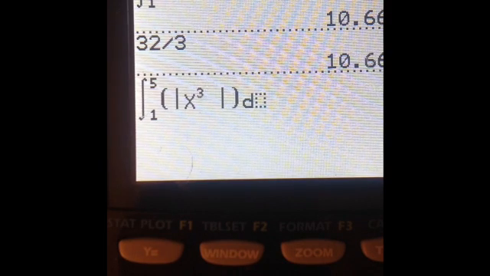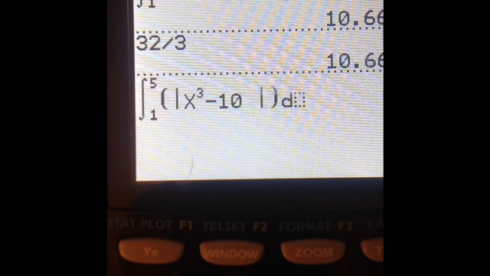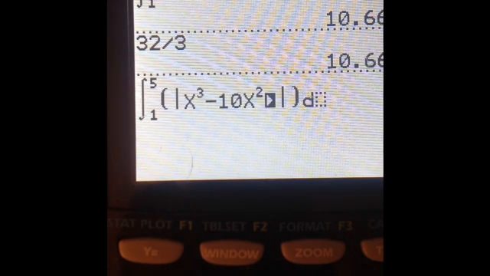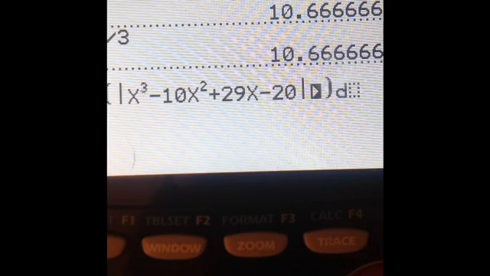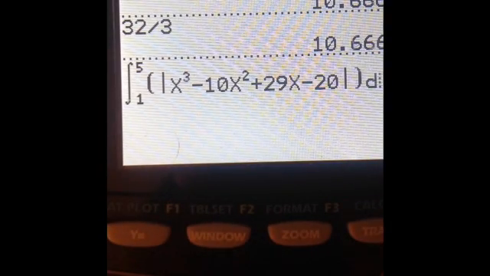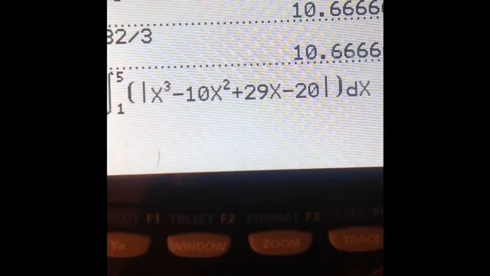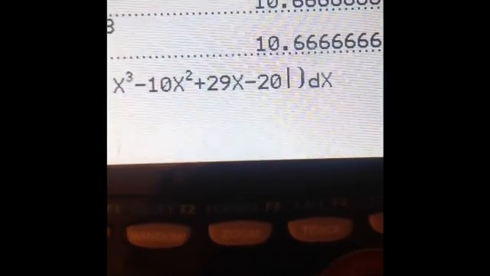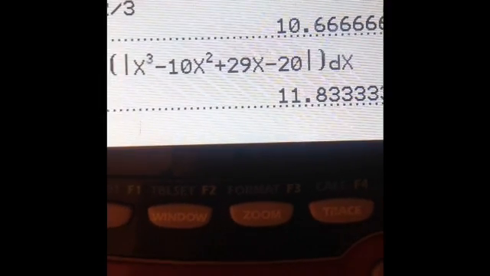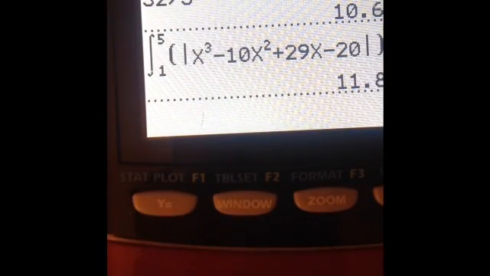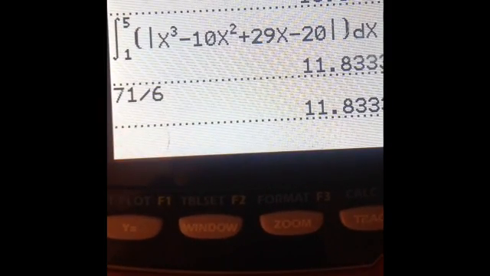X raised to the third minus 10x squared plus 29x minus 20. Slide over and put your x and hit enter. And you're going to get 11.8, which if you look on your handout is the same thing as 71.6.